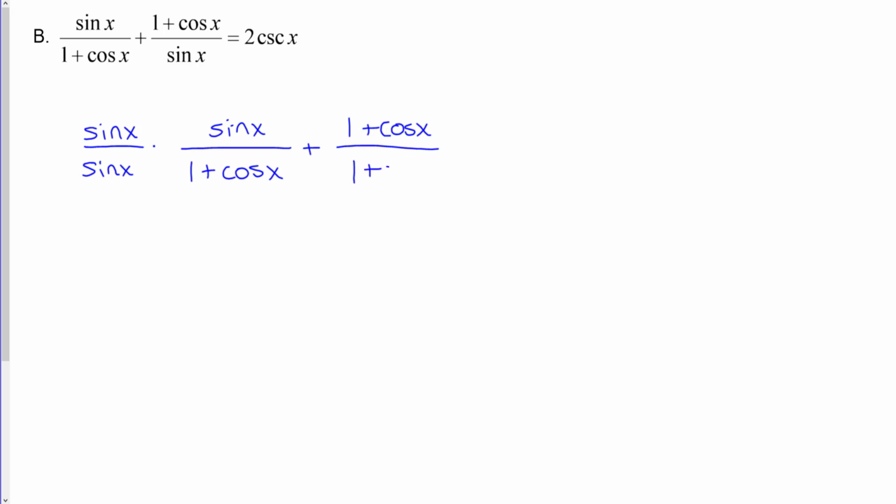So I'm going to write sine x over sine x times the first fraction plus 1 plus cosine x over 1 plus cosine x times the second fraction.